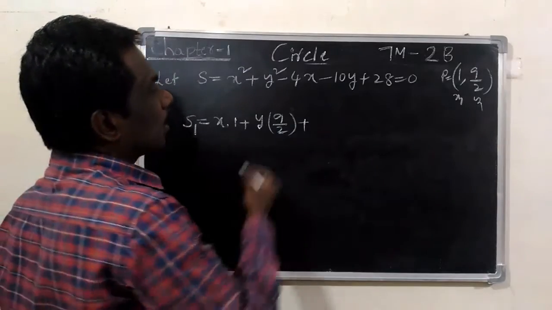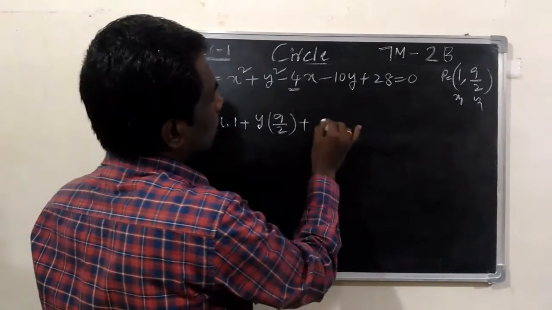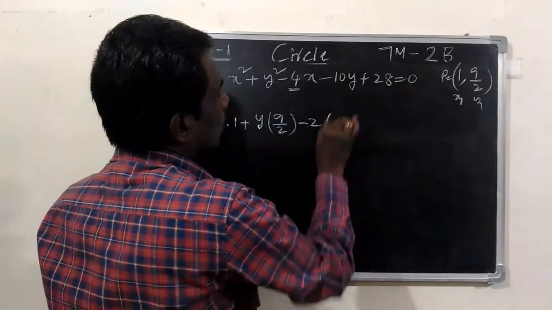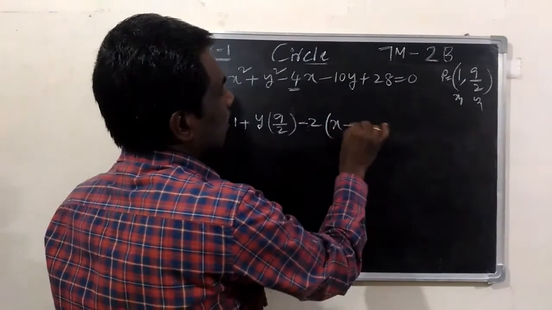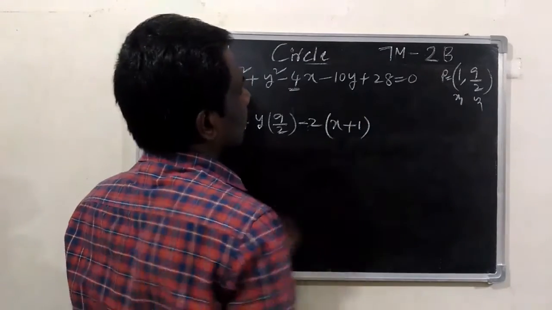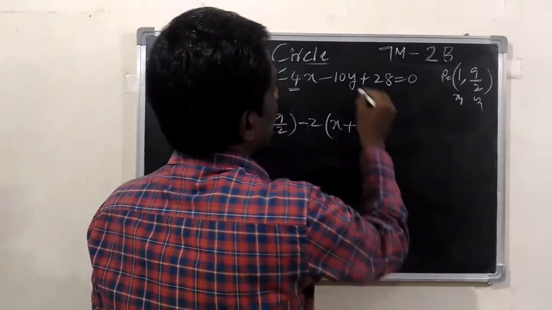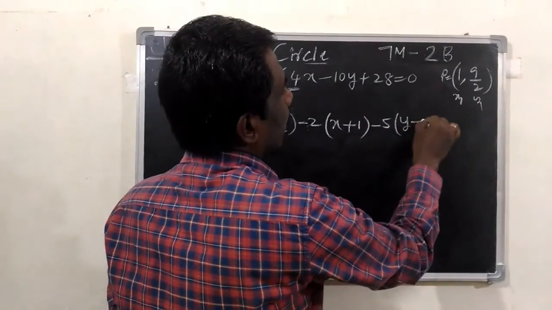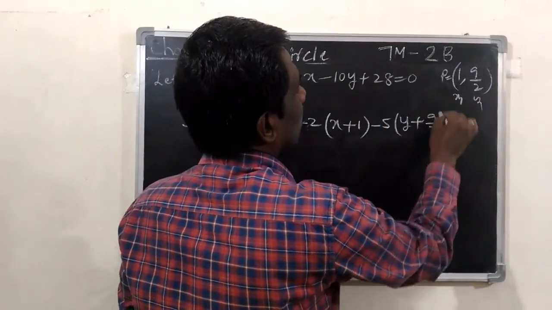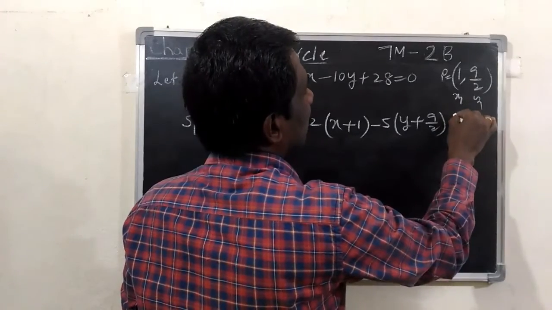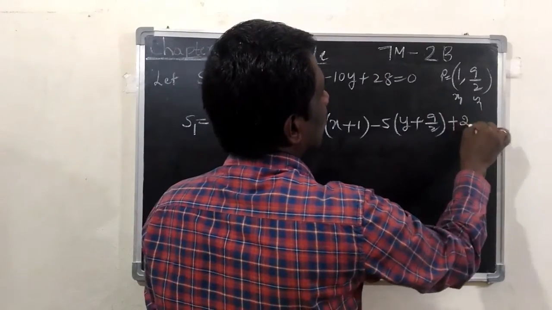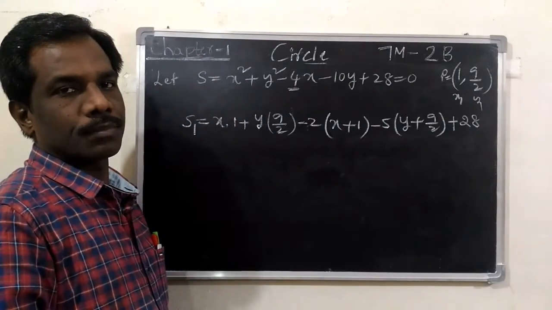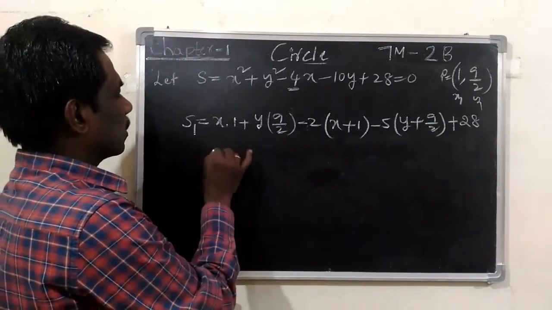Plus g into, here g is minus 2, then we can write it is minus 2 into (x plus x1), and next f is minus 5, into (y plus y1), plus c is what? 28.